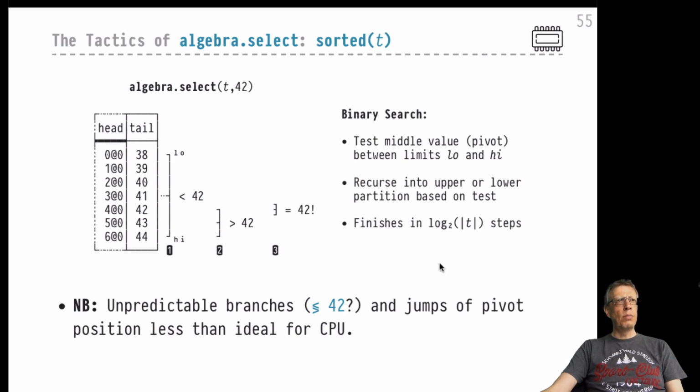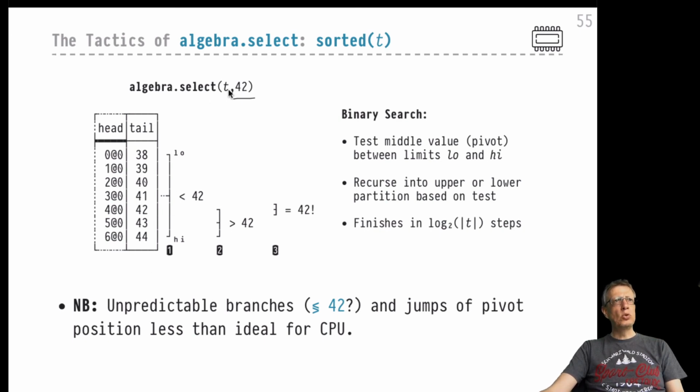Okay, binary search for the value 42 in the tail column. You see that this is indeed a sorted column. It's indeed a unique column, or a key column, but that's not of importance here. This is a sorted column, so we could just use binary search.